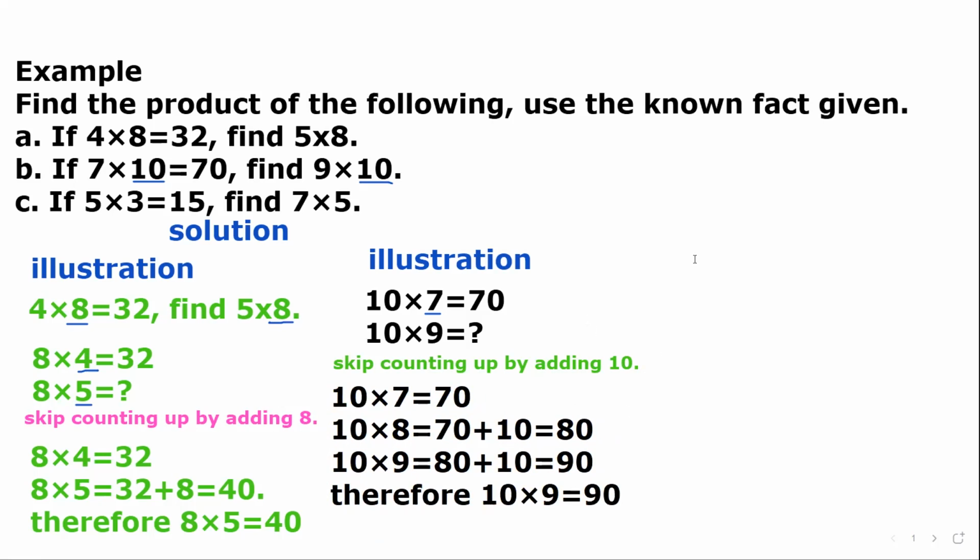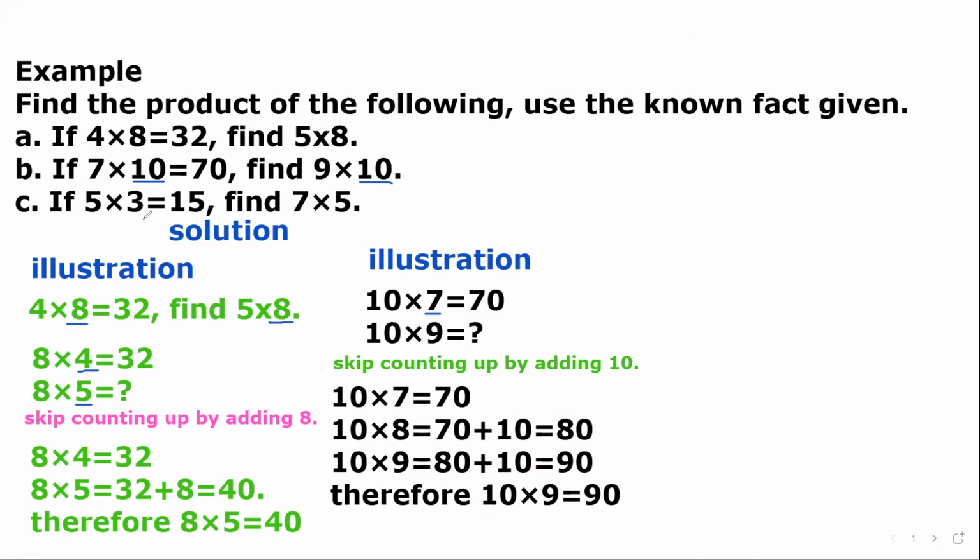Now let's solve the C. The C, you identify the multiplier. The multiplier is the number that appears in the known fact. The known fact is also a mathematical sentence with an answer. So here we have 5 times 3, that gave us 15. That is the known fact.